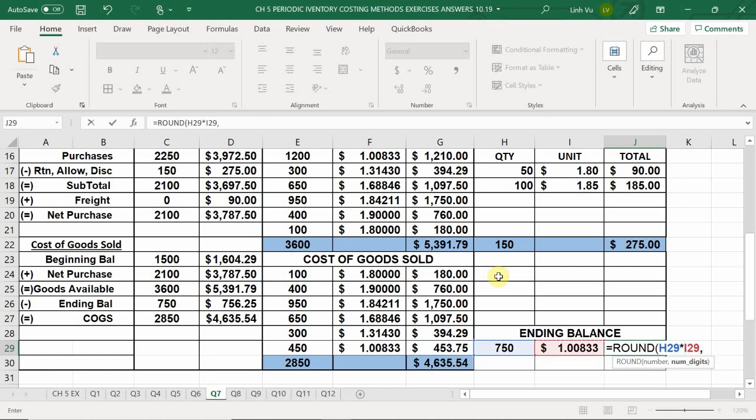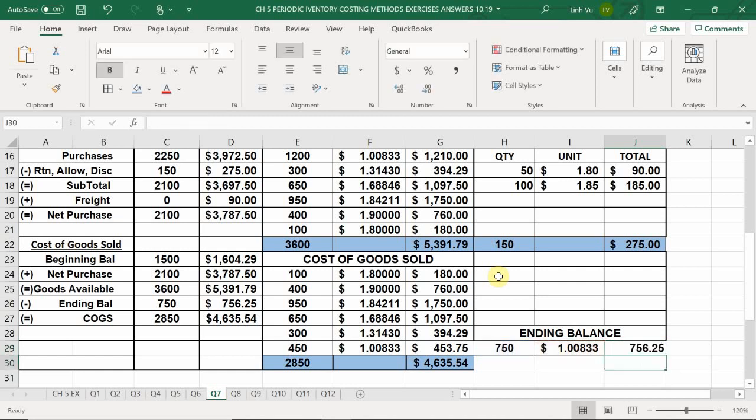So in this case, I could have also solved for my ending inventory by taking my 750, multiplying it by my $1.833, and I would have solved for the same exact answer of $756.25. And therefore, instead of having to go through all of this, I could have simply just taken my number, 756.25, and solved for that.